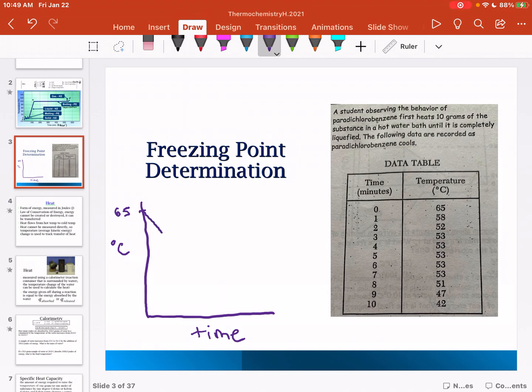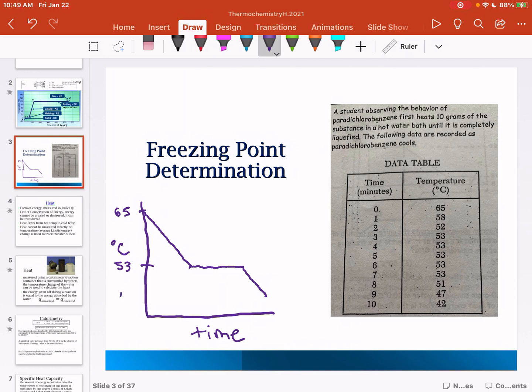Initially it has that decline, and it reaches 53, and you'll see that it repeats itself several times. So 53 is going to give you that plateau as time goes by. You've got several readings at 53, and then it continues to decline down to 42.